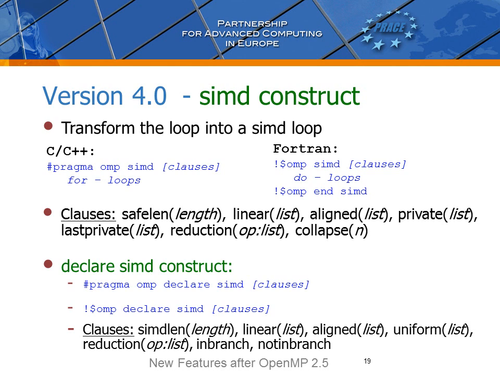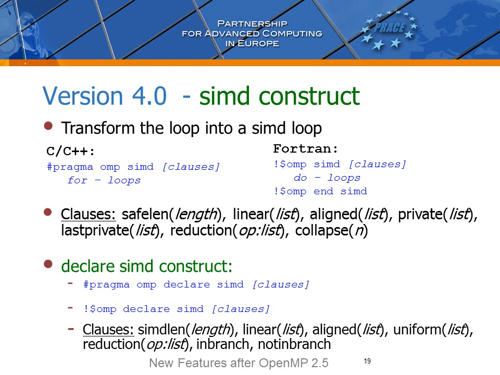The declare simd construct can be applied to a C, C++, or Fortran function, or a Fortran subroutine, so that it can be executed concurrently using SIMD instructions in loops. The safelen clause specifies the number of concurrent arguments for the function. The uniform clause declares one or more arguments to have an invariant value for all concurrent invocations of the function.